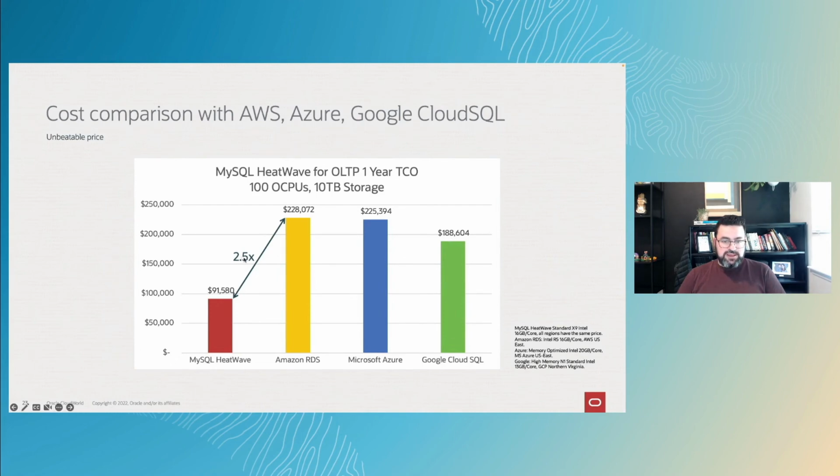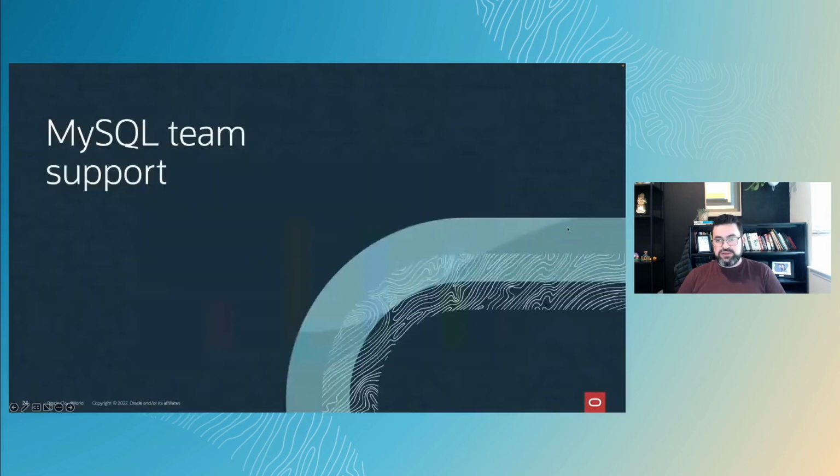Aurora is not here, but it would be even more expensive. So we are really competitive in terms of price. Here, we are comparing same shape, size, and price list.